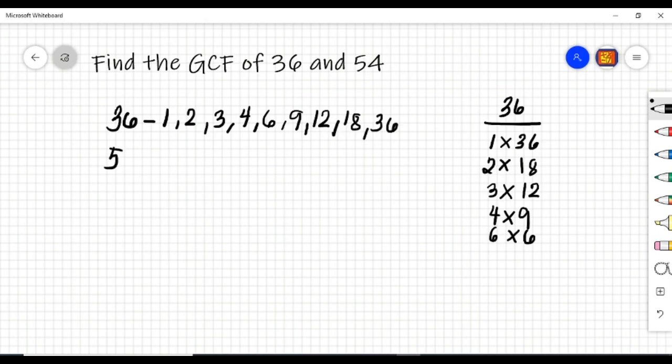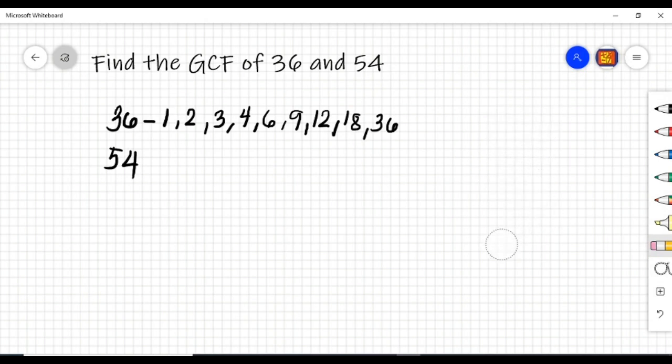Now next, let's have the factors of 54. Again, two numbers that if we multiply, we're going to get 54.